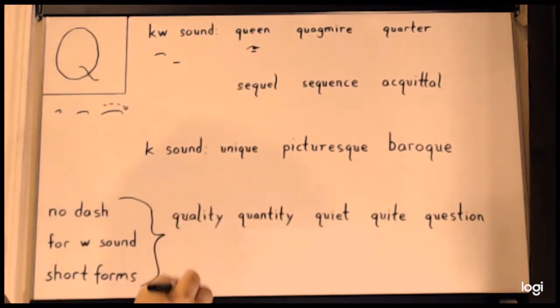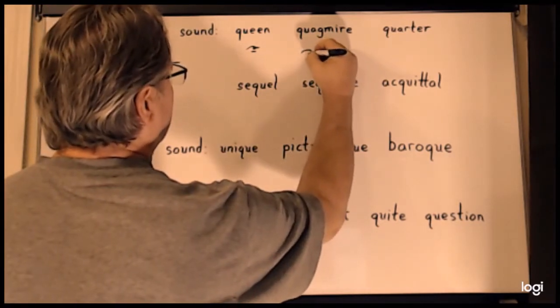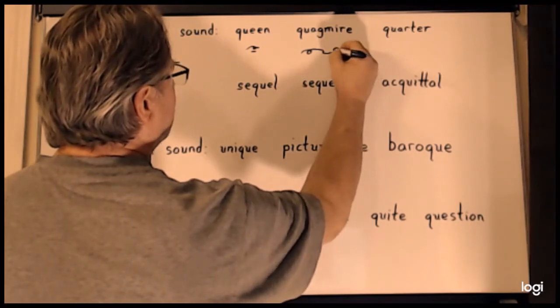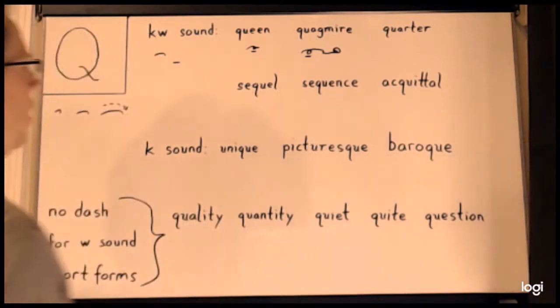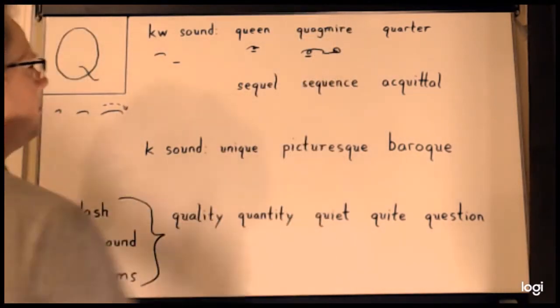For quagmire, I'm going to use the letter K, A, G, M, I, that's reversed, and then the dash underneath the vowel A for quagmire.